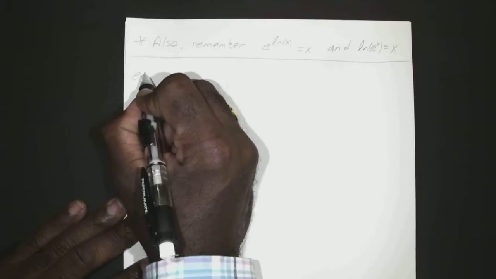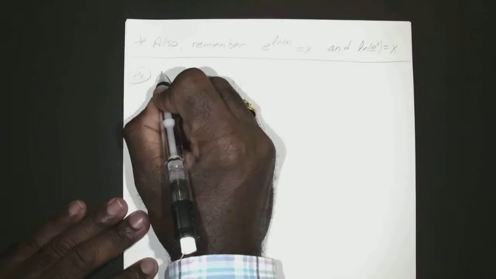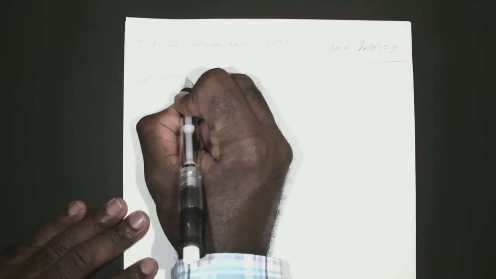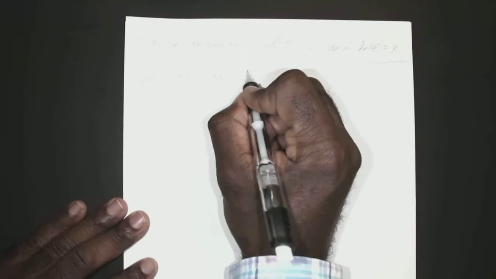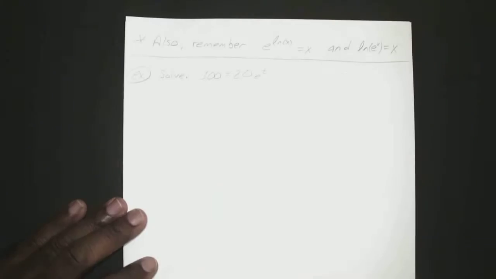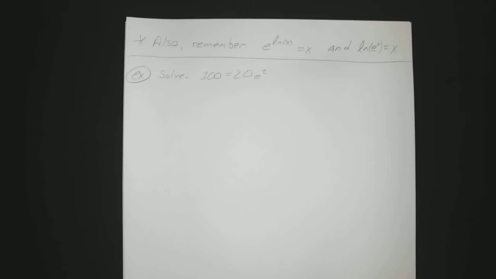So let's say, for example, if we wanted to solve 100 equals 20 times e to the power of t. If you have a problem like this, the first thing you want to do is get your exponent alone.